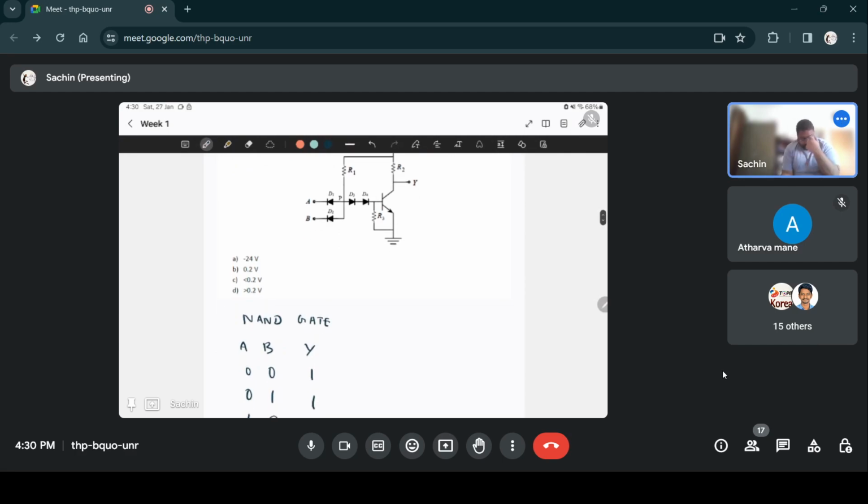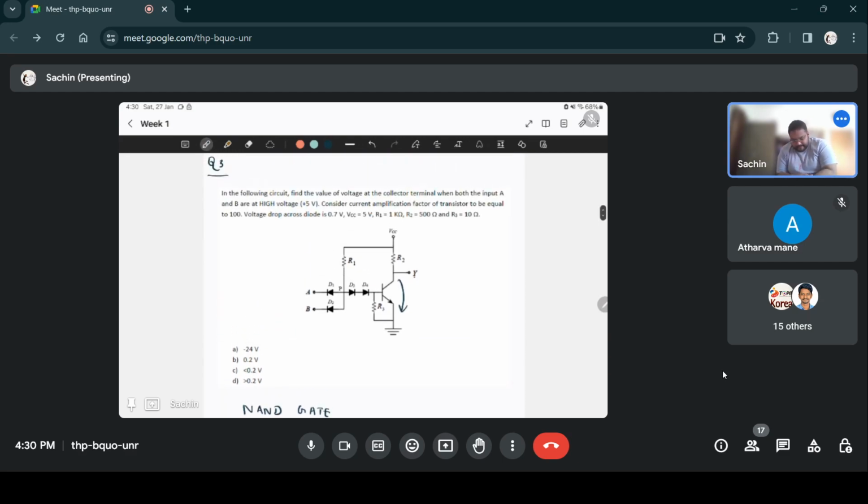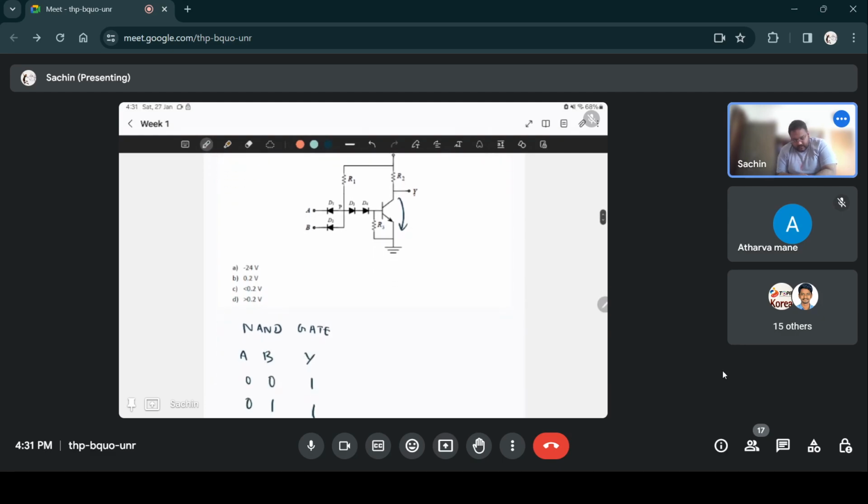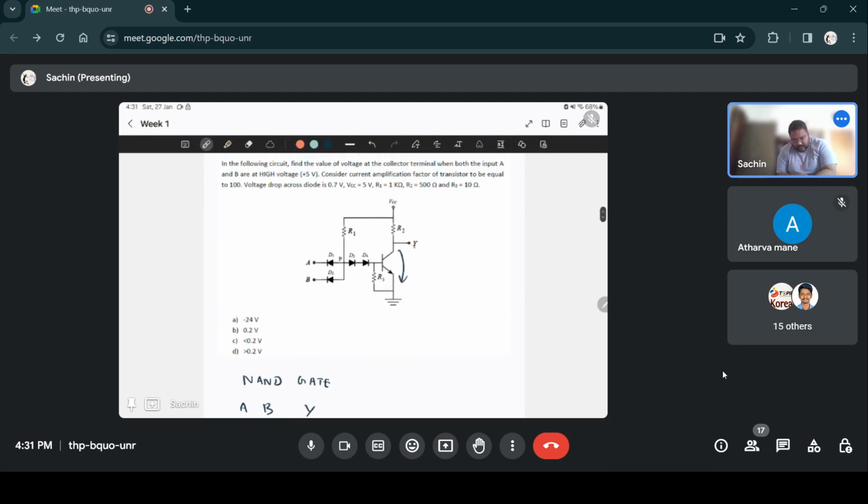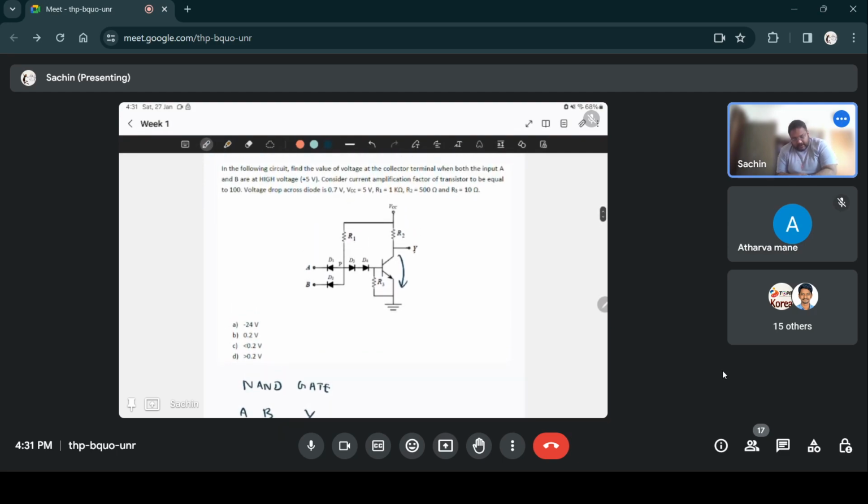The transistor must be in saturation, so that whatever output you get is actually the voltage across this terminal. So it's less than 0.2 volts. C is the right answer.